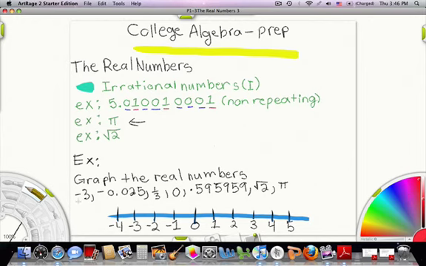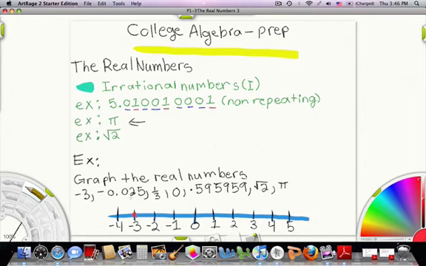So, okay, we're going to graph this -3 right here, which, remember, -3 is an integer, just so that you remember.